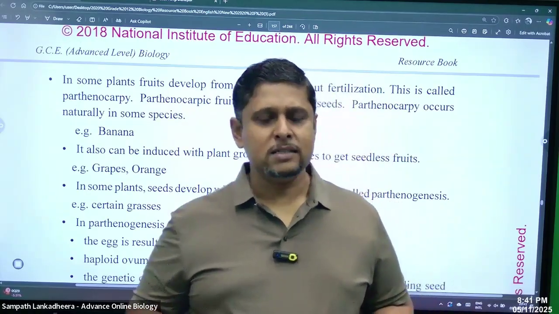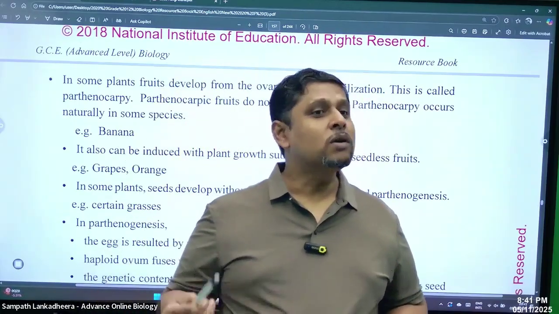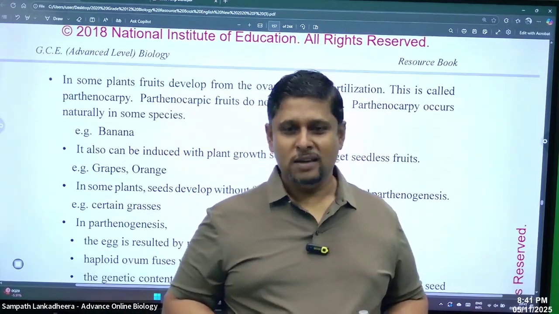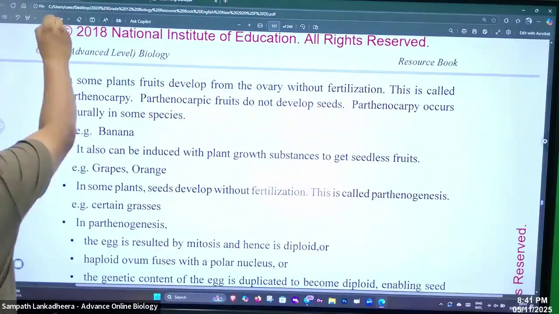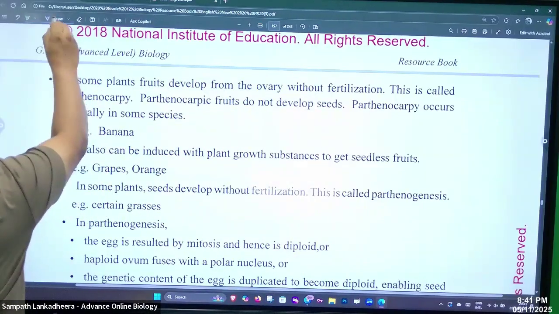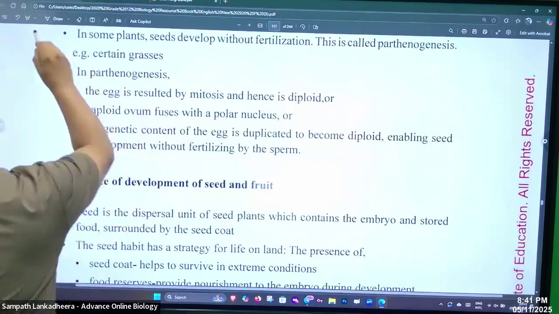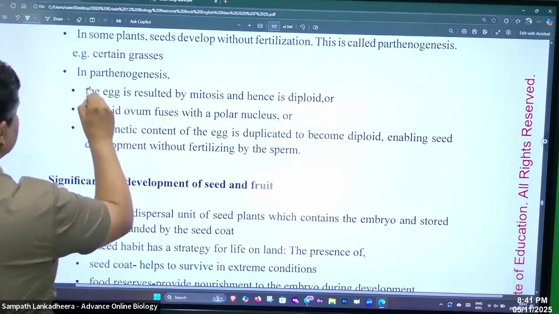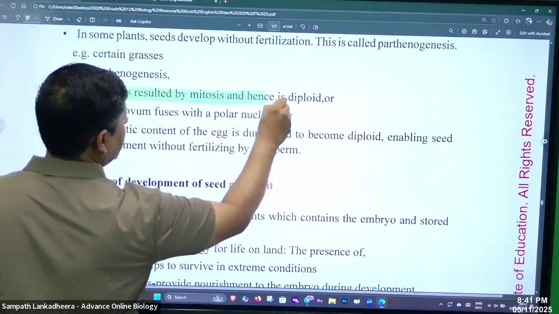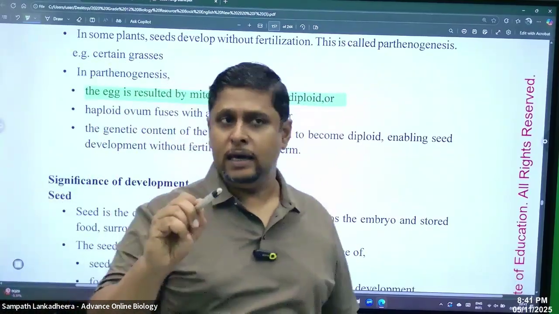Then parthenogenesis is the formation of seeds without the fertilization process, right? There you learn, people, something special. In parthenogenesis, it can happen in three ways. The egg is formed by mitosis, so that the egg is diploid.